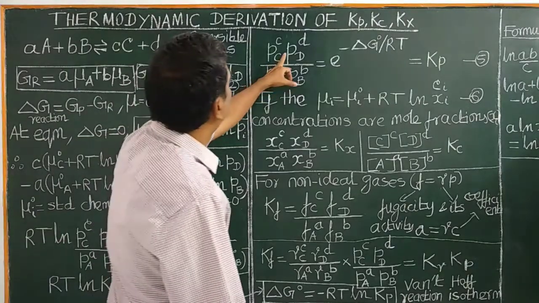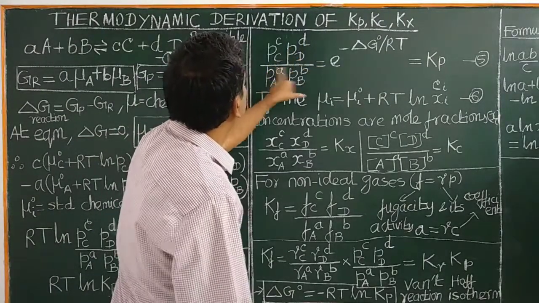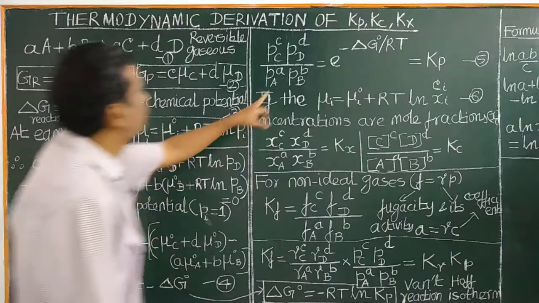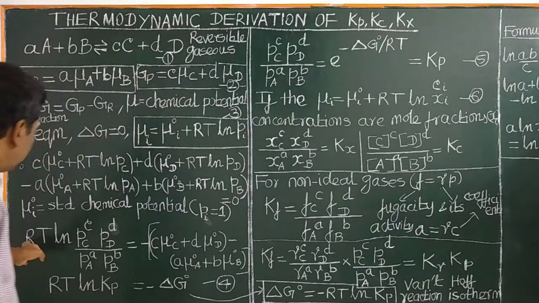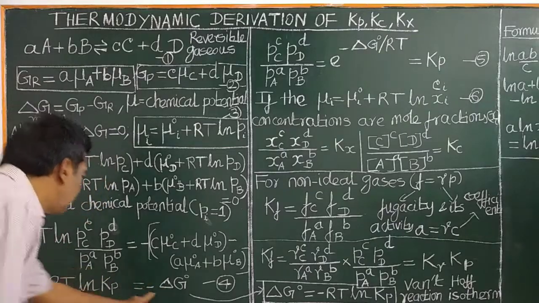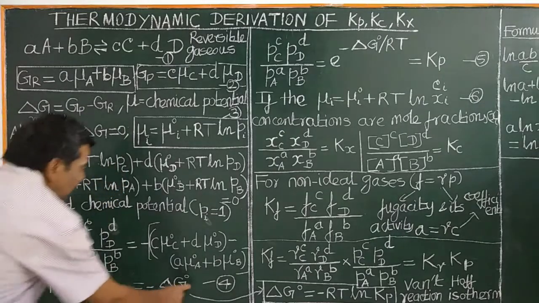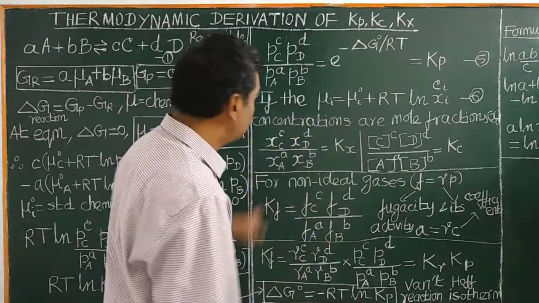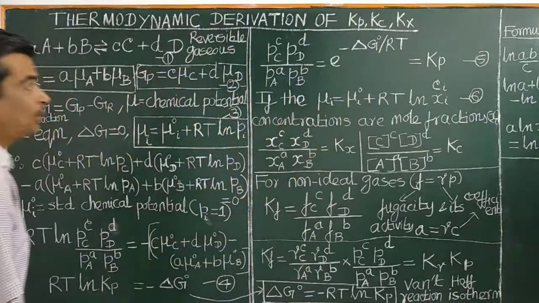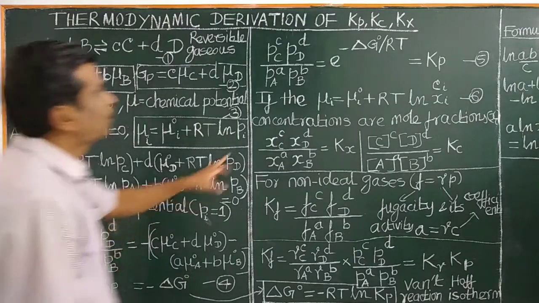Now let us see this expression: partial pressure of C to the power c, partial pressure of D to the power d, divided by partial pressure of A to the power a, partial pressure of B to the power b. Bring delta G by RT here. The logarithmic form can be expressed in the exponential form.